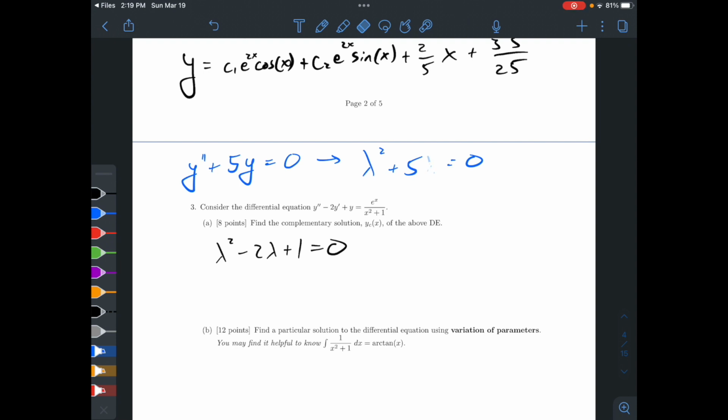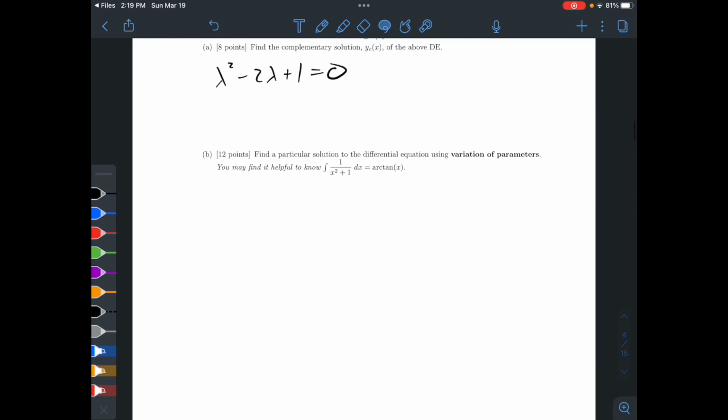So it should really be just plus 5. So lambda squared plus 5 is equal to 0. Now if this were y double prime plus 5y prime, then this would be correct. But without the y prime, if there's no y prime, there should be no lambda over there.